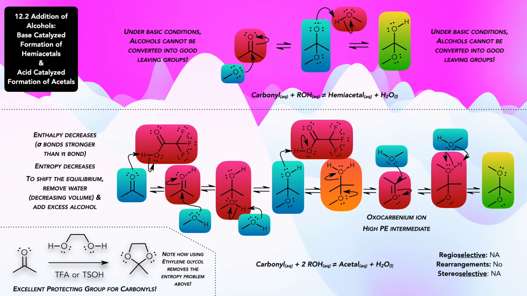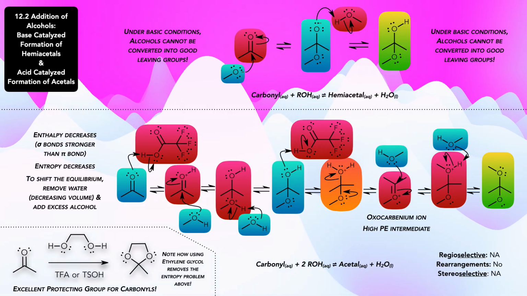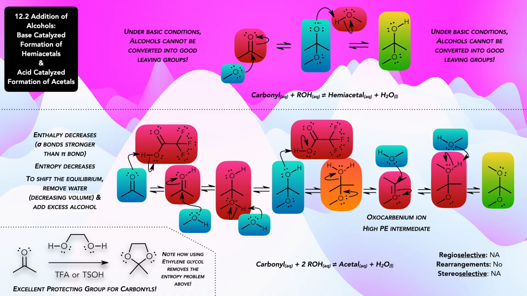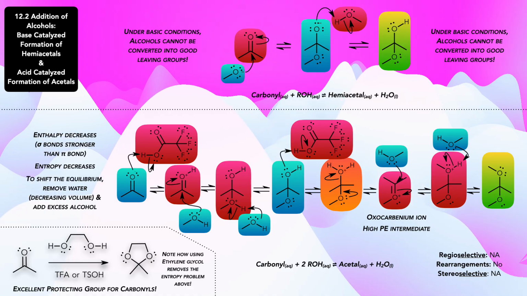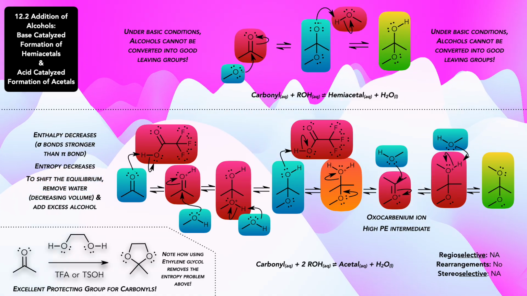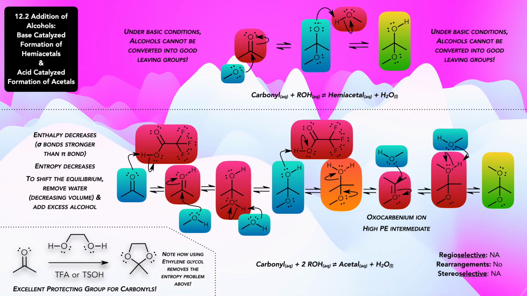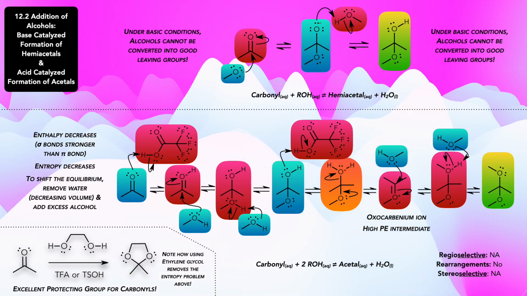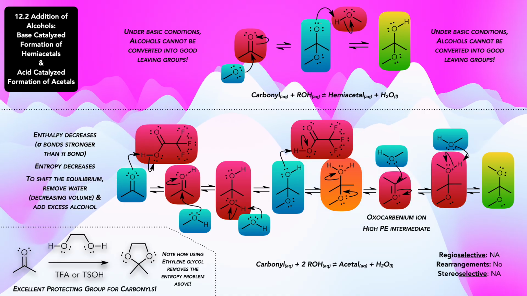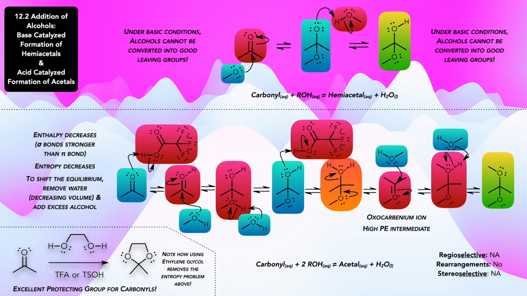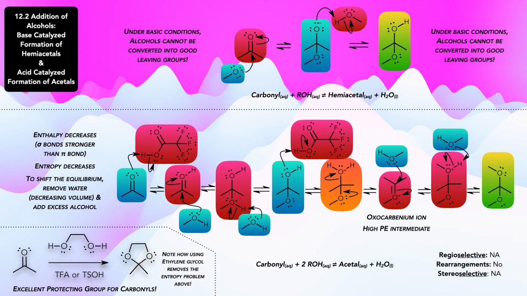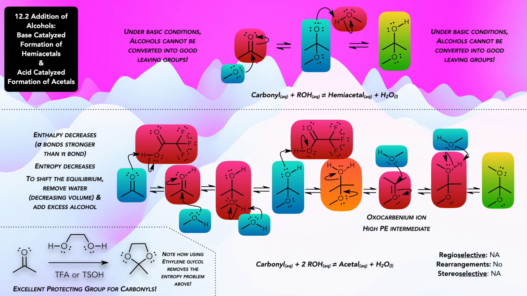Under basic conditions, alcohols cannot become good leaving groups. We can only form hemiacetals under basic conditions. We cannot eliminate to form acetals. Why? Because the oxygen bonded to an alkyl group is a terrible leaving group unless it is protonated.